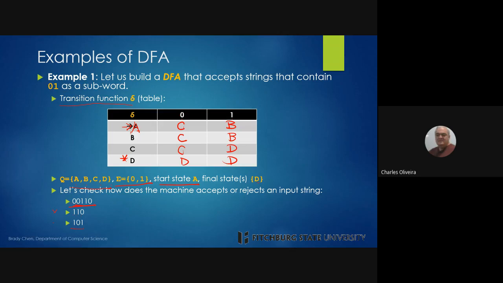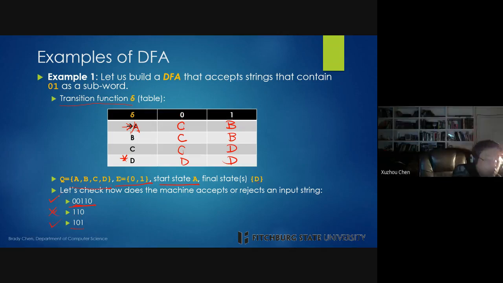That contains it, accepted. So two are accepted and the middle one is rejected, because we are human beings and can simply look at the string. But think about it: it's not you who is going to determine, it's the machine that will determine whether we accept or not.